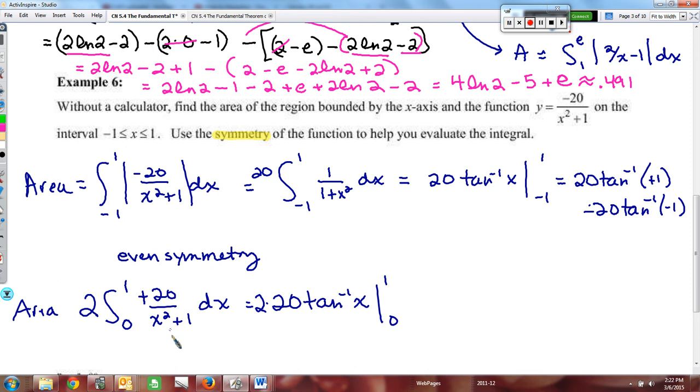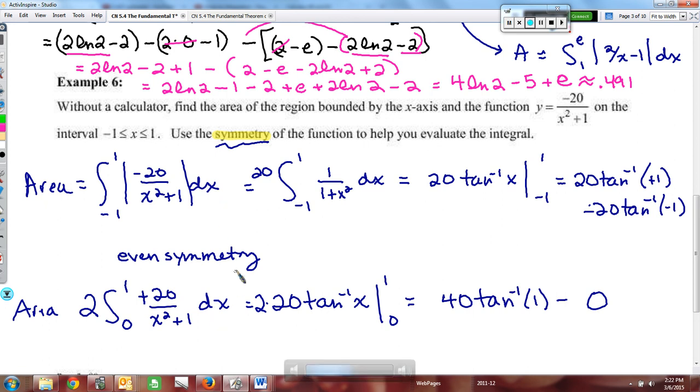I'm still doing the absolute value, but instead of having to plug in -1 and 1, it's sometimes a little easier to simply plug in 1 and 0. Inverse tangent of 1 minus inverse tangent of 0 is 0, so that goes away. It just makes it a little bit easier. There will be maybe a multiple choice question where you know some information about the symmetry of the function, and you're going to use that to help you evaluate the integral.